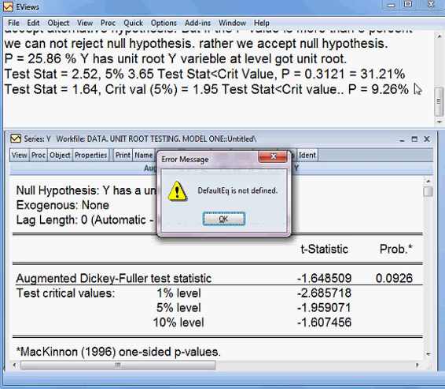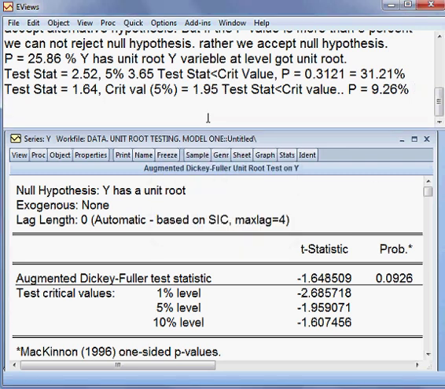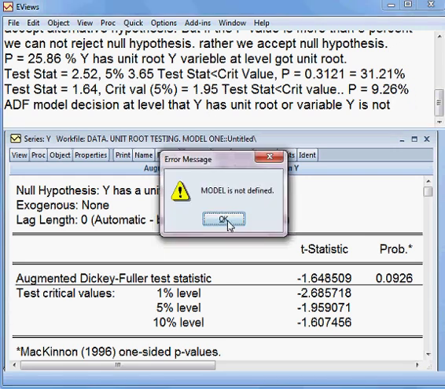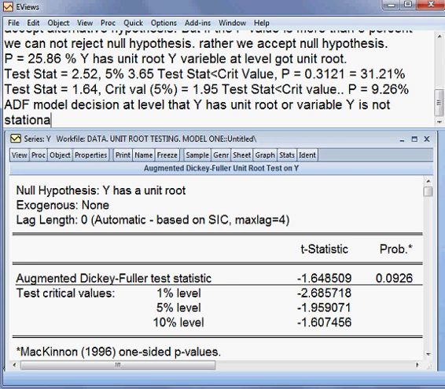Our decision of the ADF model at level is that y has a unit root, or variable y is not stationary at level.